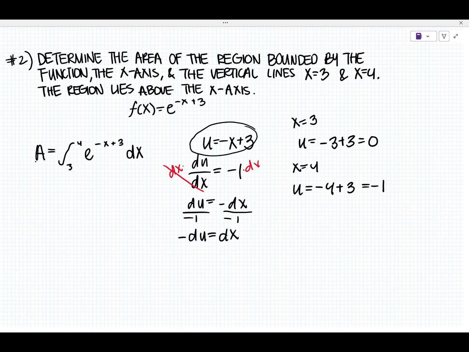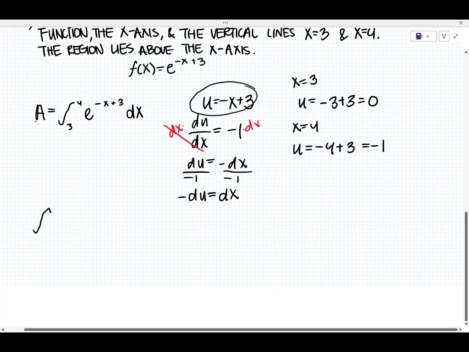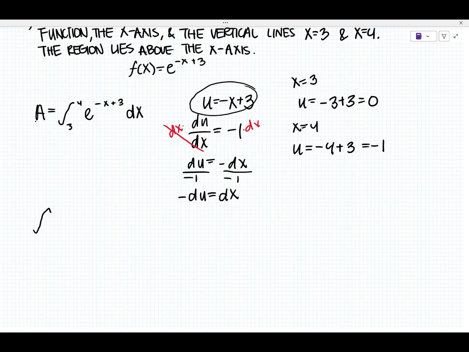So now we can rewrite the entire integral in terms of u, which would look like the integral from 0 to negative 1 of e to the power of u times, instead of dx, we're going to replace that with negative du.